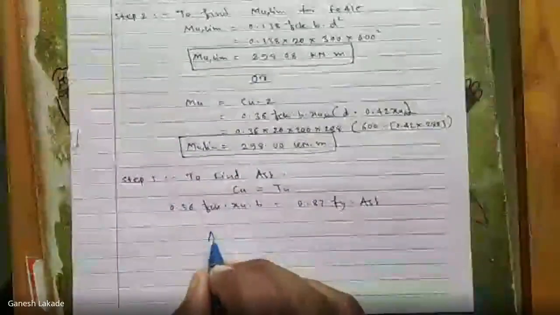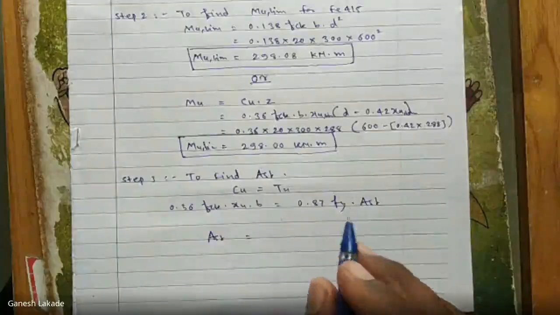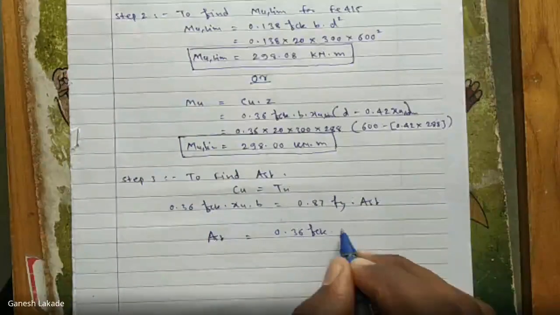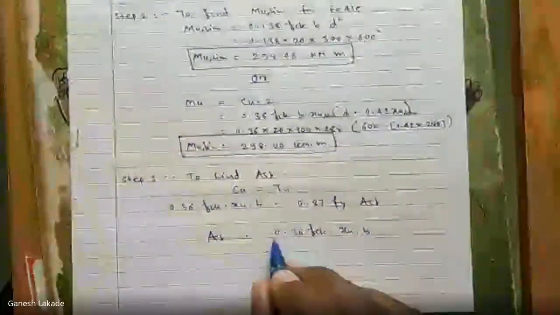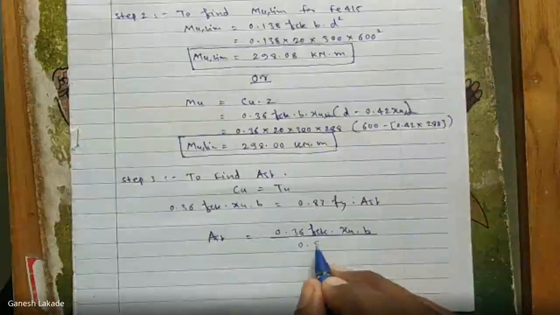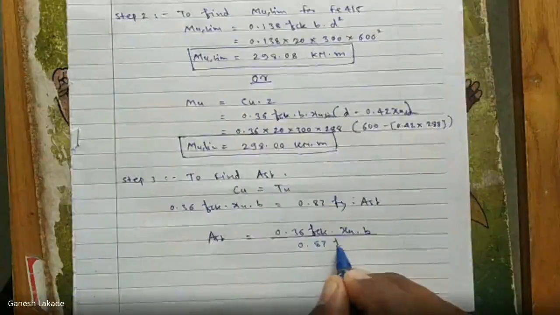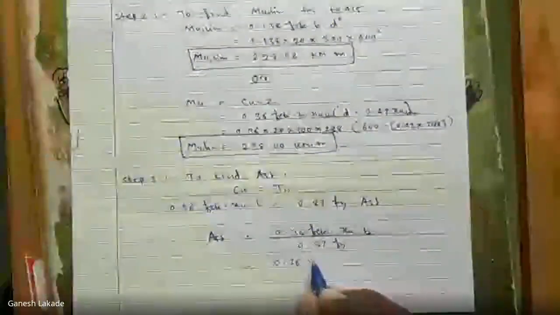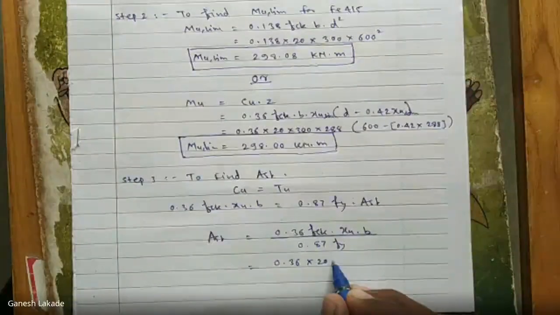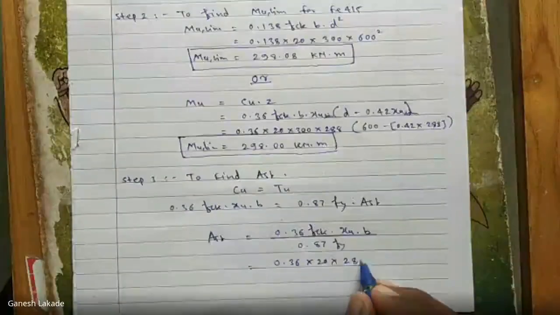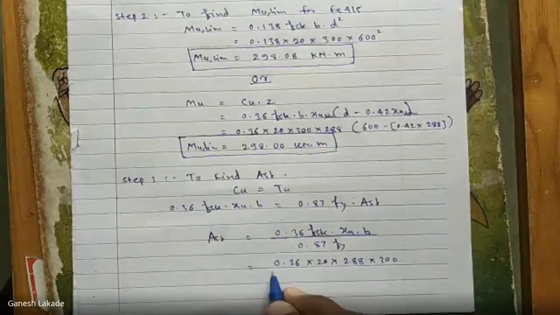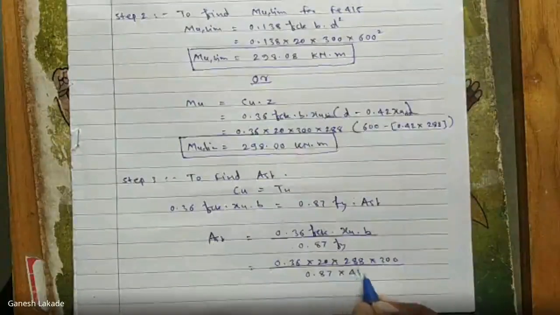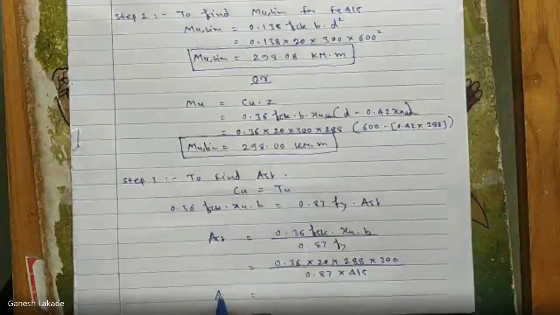So we'll rearrange this equation: AST is equal to 0.36 fck XU into b divided by 0.87 fy, and let us put the values here and solve.